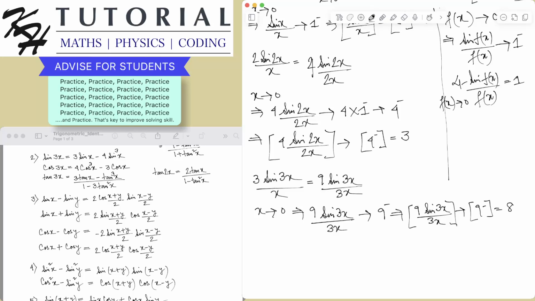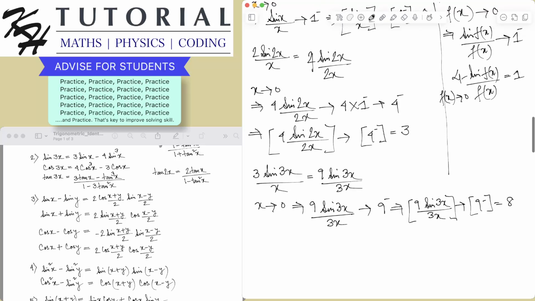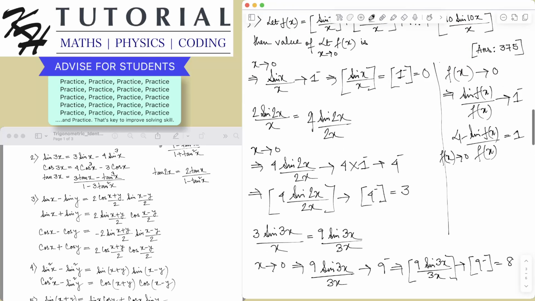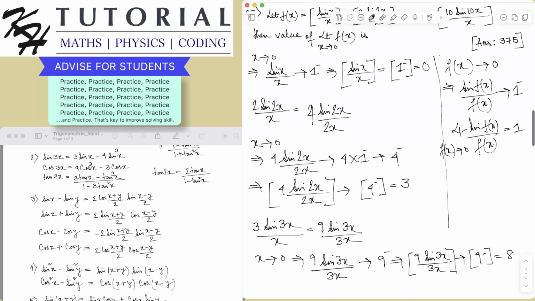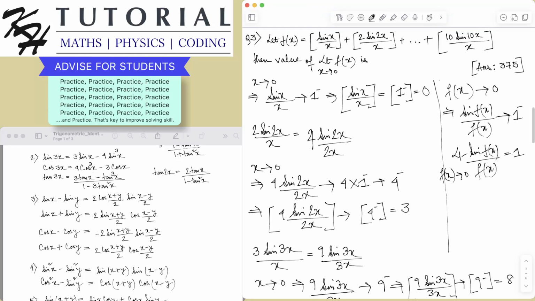So the third term is exactly equal to 8, the second term is exactly equal to 3, and the first term was exactly equal to 0. So this way all the terms will have some exact values.